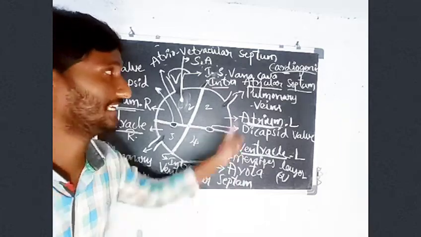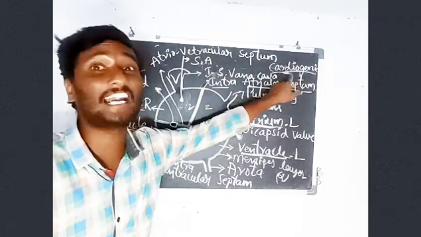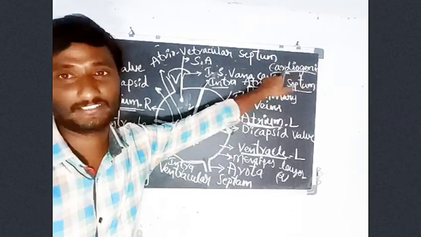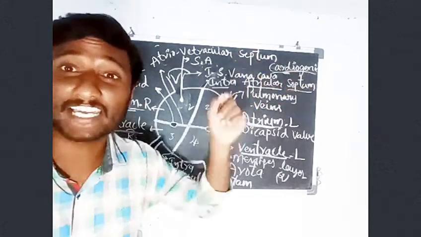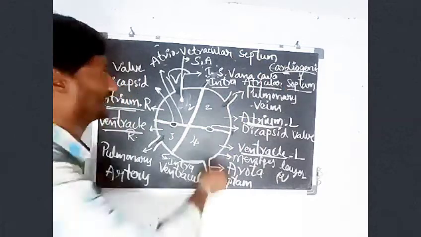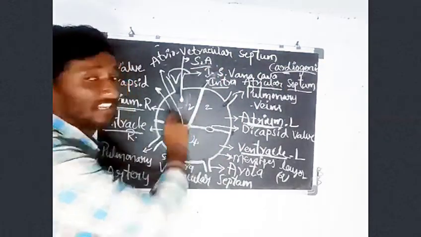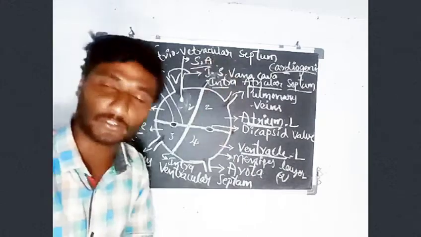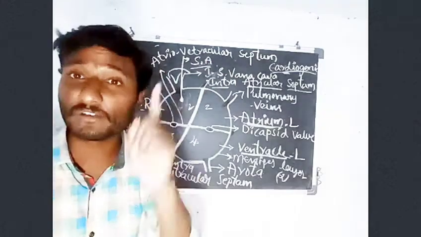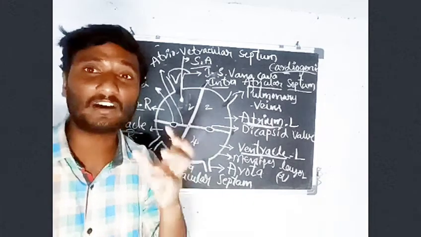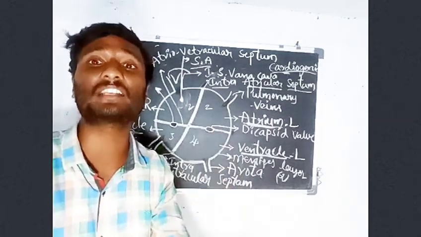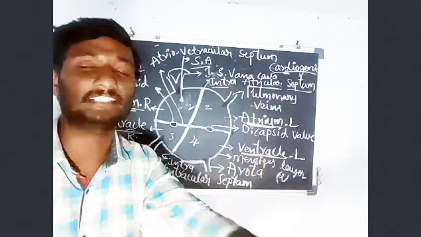Remember this: cardiogenic. Now I will explain why we call it cardiogenic. Listen here. The surface of the right atrium consists of the SA node. With the help of this node, electrical waves are generated.